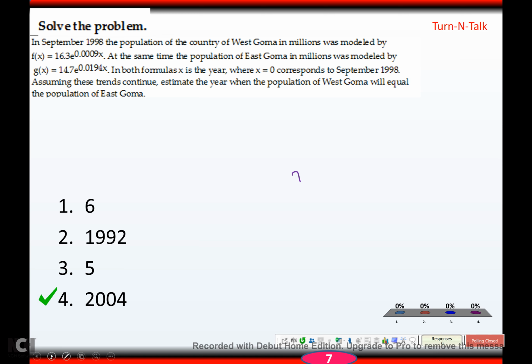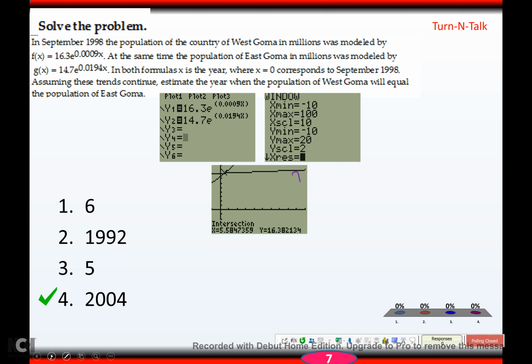and you should get 2004. And what you do is, again, they just want to know when the population of West Goma is going to equal the population of East Goma. So they gave me the two equations. All I had to do is type them in for y1 and y2 and set my window to handle it, and they intersected right there.